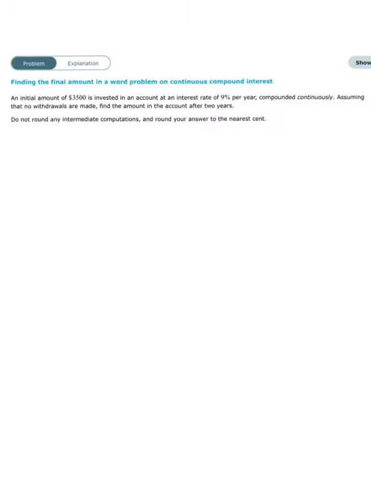So the first example, and I'm going to read all the problems just because I don't know, when the video uploads, it gets very sketchy. So this problem says an initial amount of $3,500 is invested in an account at an interest rate of 9% per year, compounded continuously.